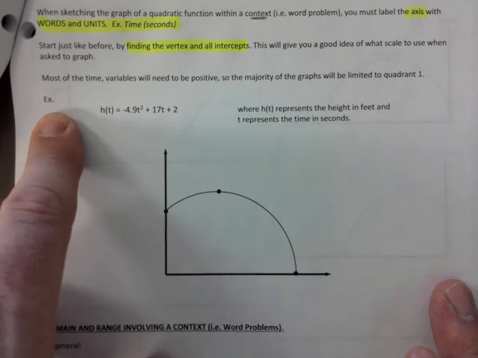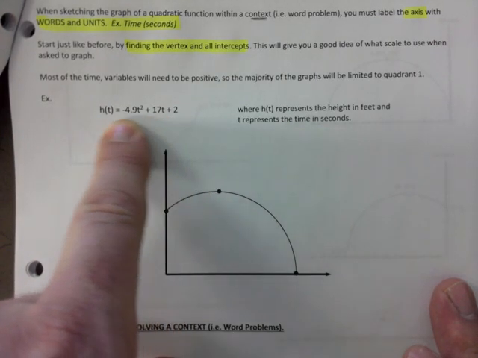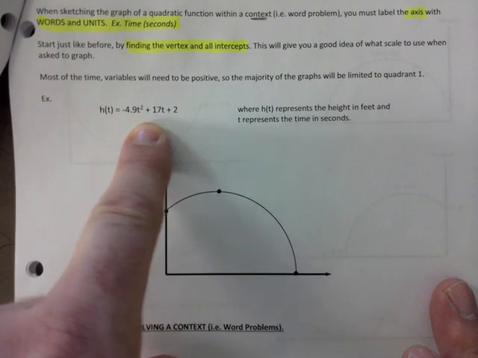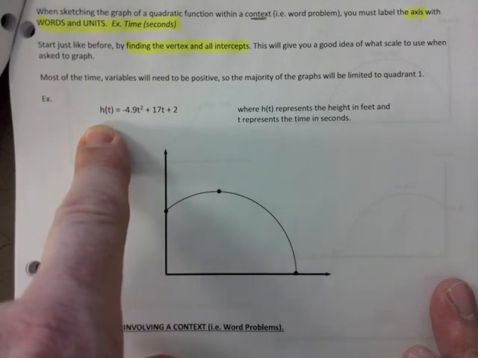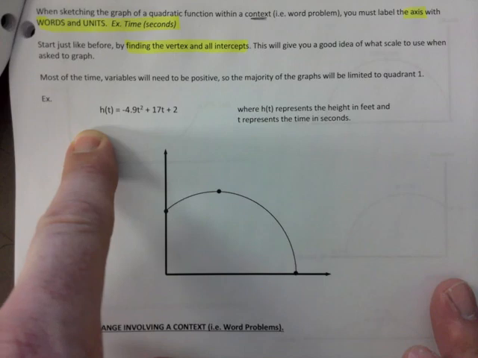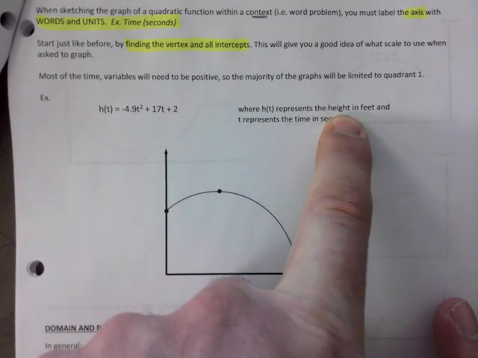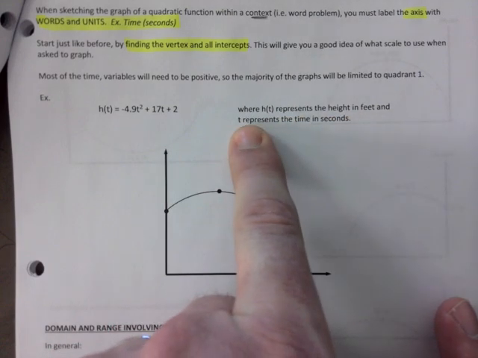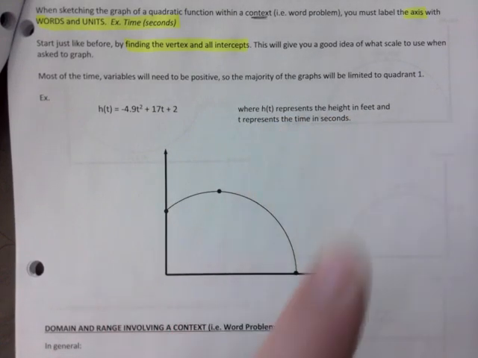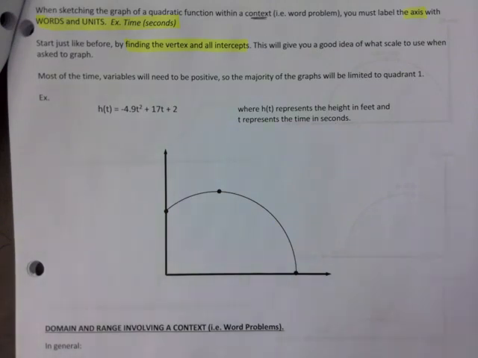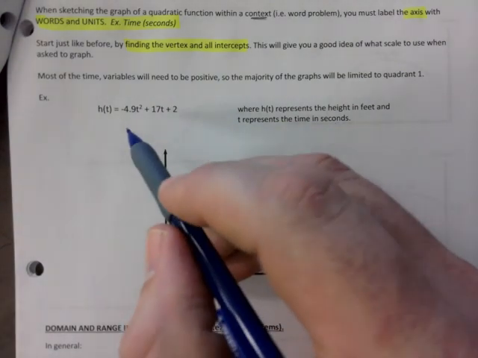So for example, if you have an equation given and you can tell there's no y and x, this is already hinting towards a word problem, where h of t represents the height in feet and t represents the time in seconds. I will always tell you this.